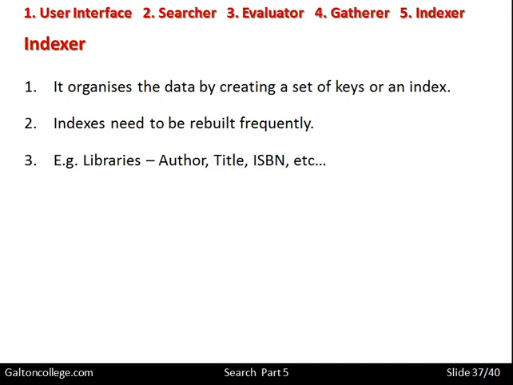So we have, for example, in libraries, we have author, title, the international book number system. We have all sorts of information stored in libraries about books, about the types of books, large books, small books, children's books, and so on. So we have lots of information stored in libraries. And in a sense, that's what the index is doing.